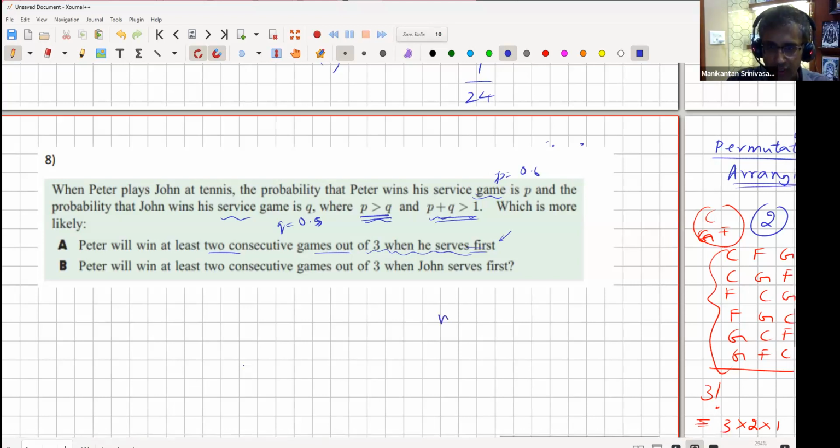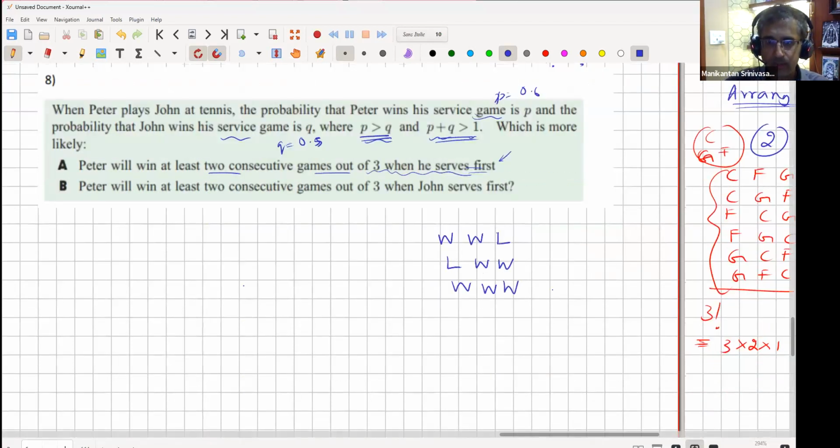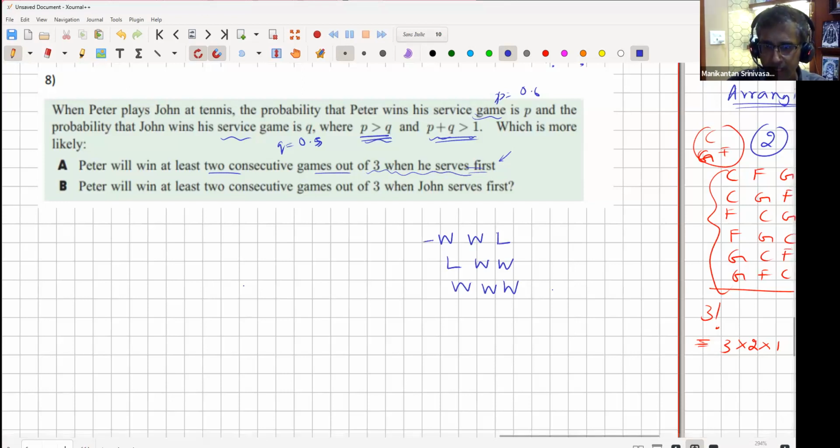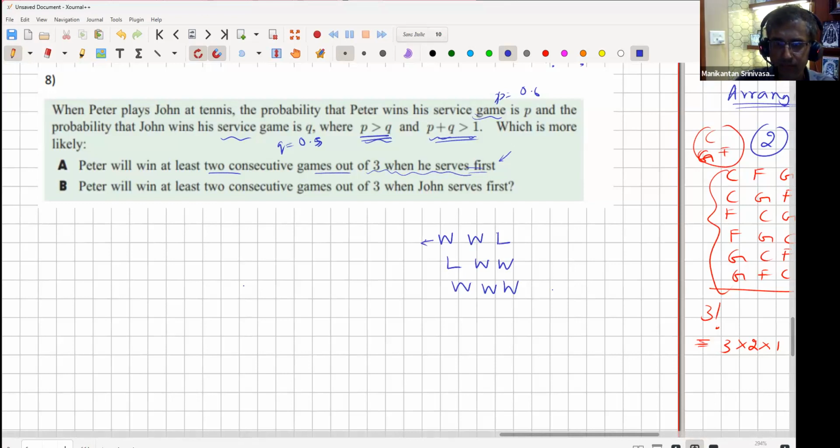So first of all, he must either win, lose, win, or lose, win, win, or win, win. All of these are acceptable, so that's when he has won at least 2 consecutive out of 3. Now for each of them, you can give the probability. The probability that he wins when he serves first is P. This is Peter serving, this is John serving, and this is Peter serving.